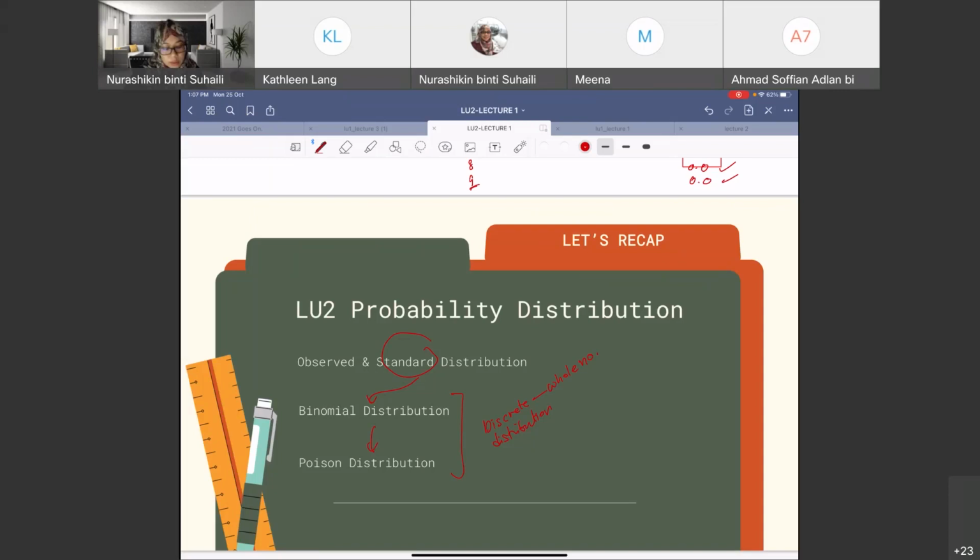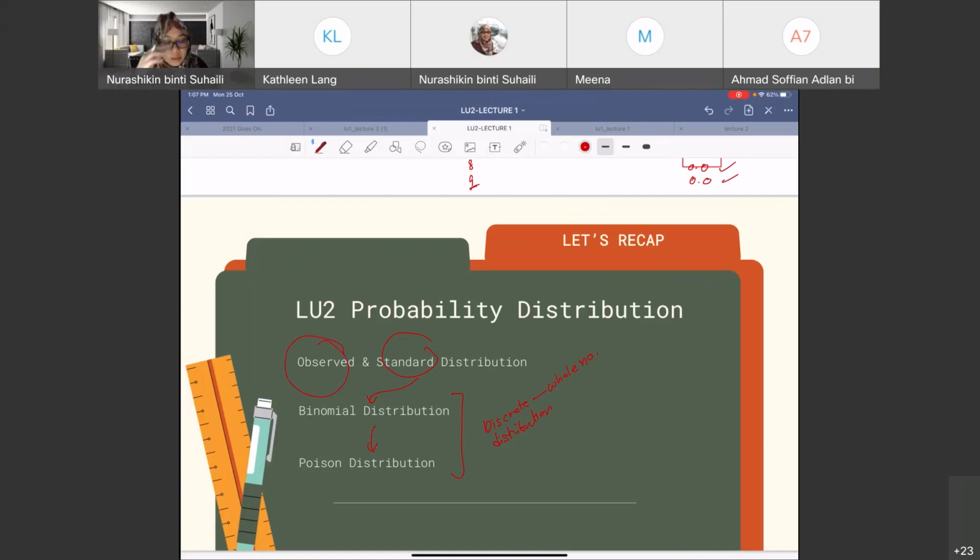So what you should understand from this: for the observed distribution, to find the probability of whatever things or events, you just divide the frequency by the total number.